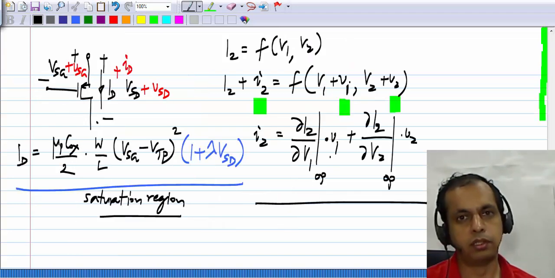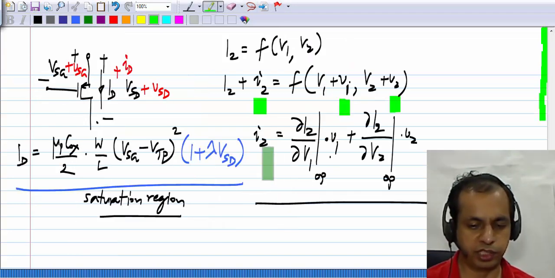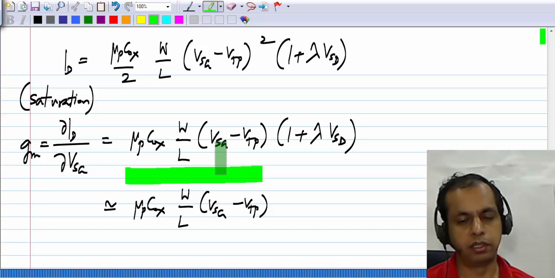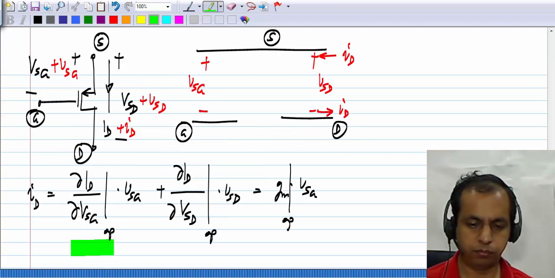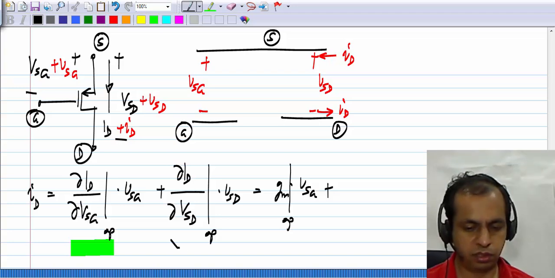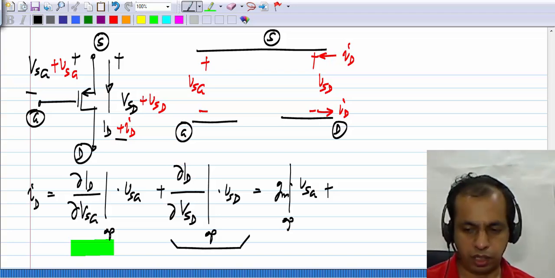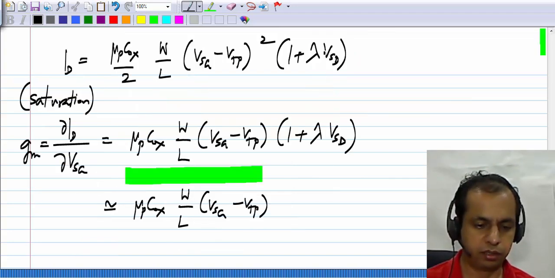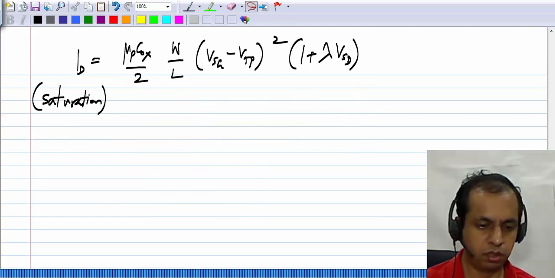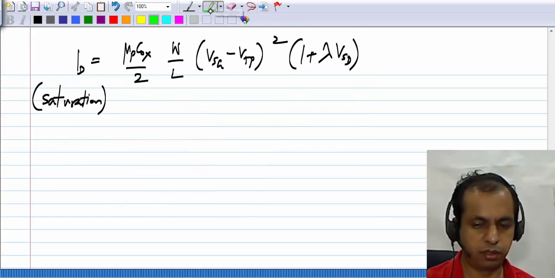That is, the value of VSG that you use here and VSD that you use there will be at the operating point. Plus this part here, and that again, let me copy this over there.